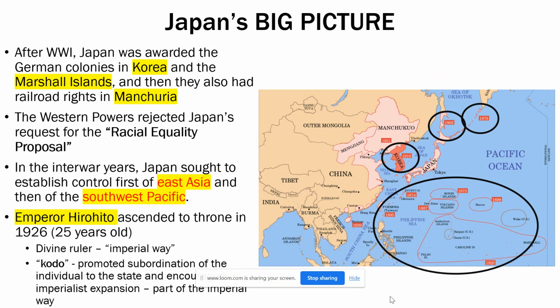And so that changes the relationship between the Japanese people and their leader versus, like, the Germans and Hitler. He promotes something called Kodo, which they call the imperial way. And it really promotes this subordination of the individual to the state. It encourages imperial expansion, the goals of imperial Japan.